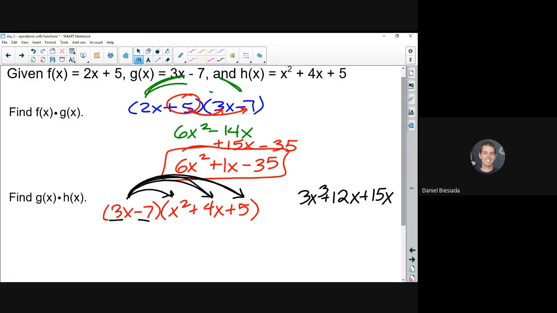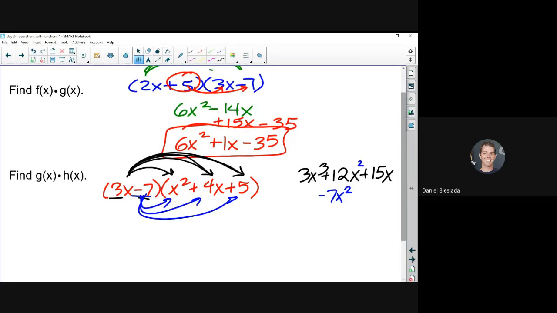And now if I go ahead with that negative 7, the negative 7 distributed all the way through will produce, let's see, a negative 7x squared. I actually forgot a squared in the upper step there, thank you. Negative 7x squared, the negative 7 multiplied by the 4x gives me negative 28x. And finally, the negative 7 times the 5 gives me negative 35.